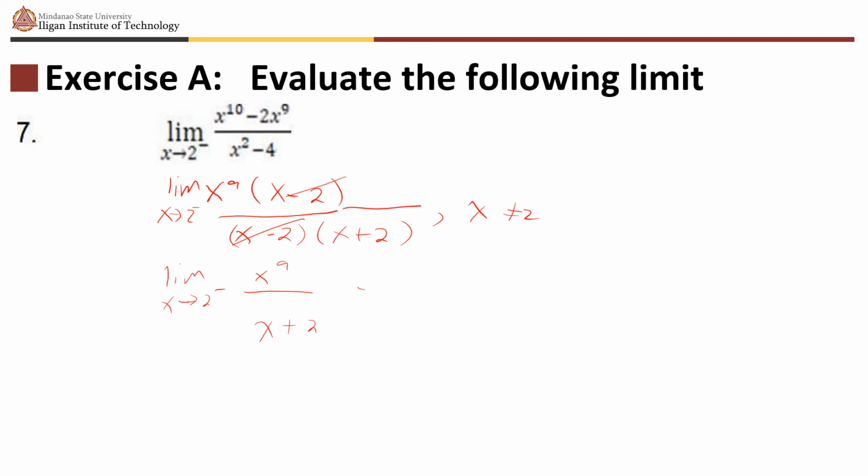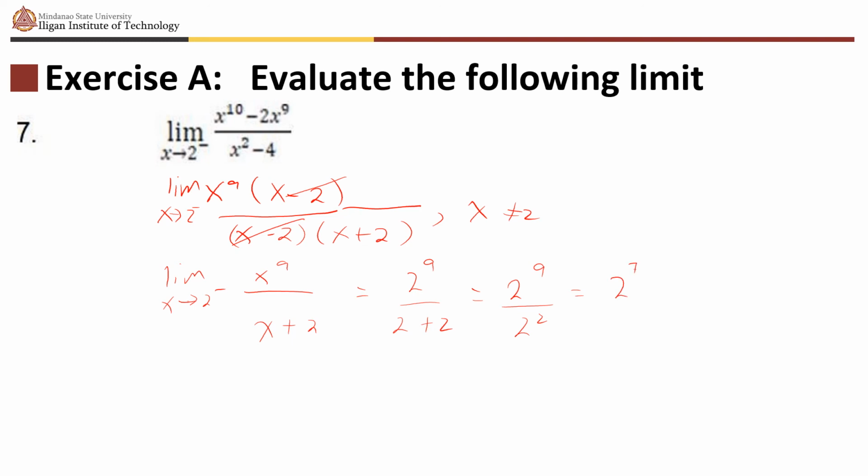But that is now equal to 2 to the 9th all over 2 plus 2. It's 2 to the 9th all over 2 plus 2, or that is equal to 2 to the 9th all over 2 to the 2nd power. It's simply equal to 2 to the 7th.